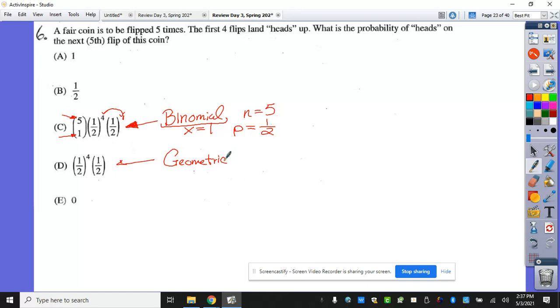You get 1, you're doing it until. So this is success, and this is failure. Now, I would need more context there, but trying to relate it back to the problem, this would be like, since it's talking about heads, getting tails 4 times in a row, and then my 5th one being heads.